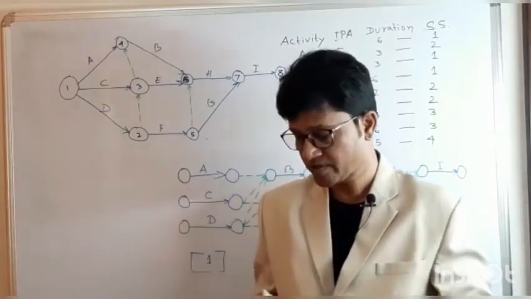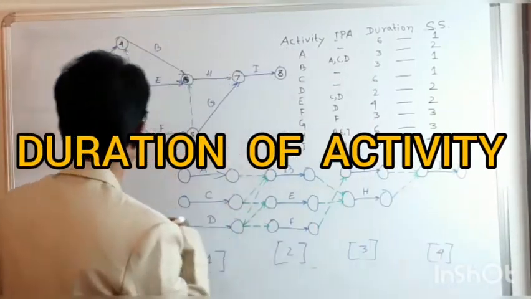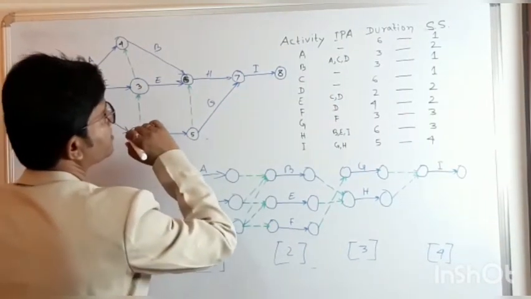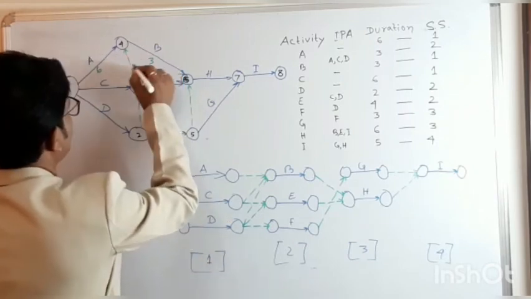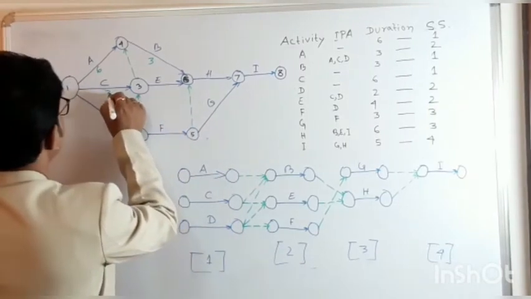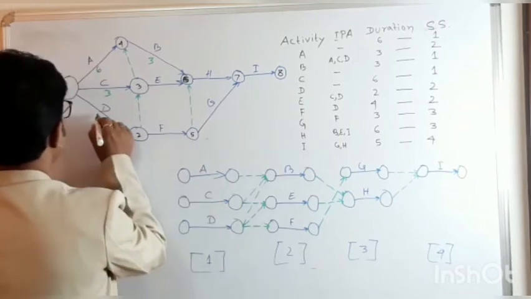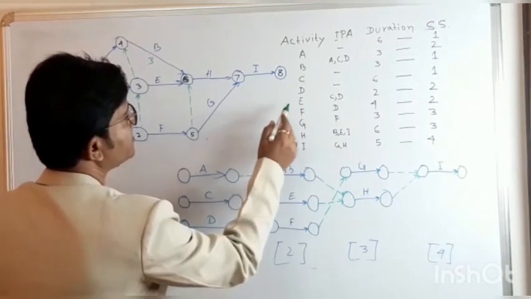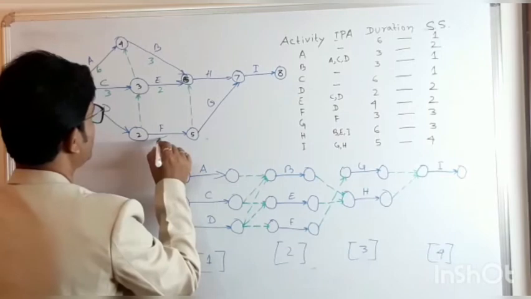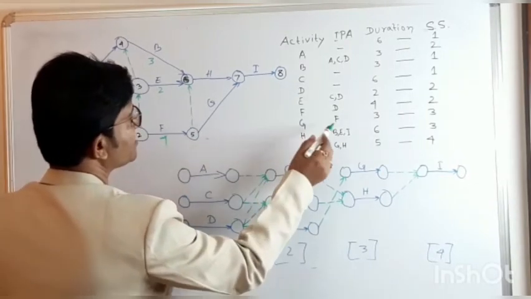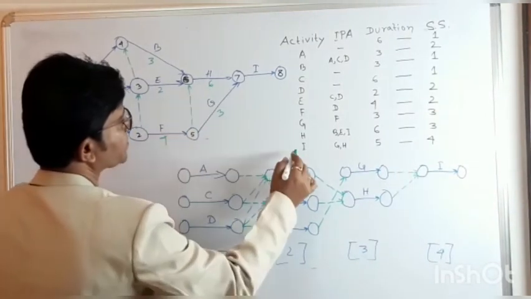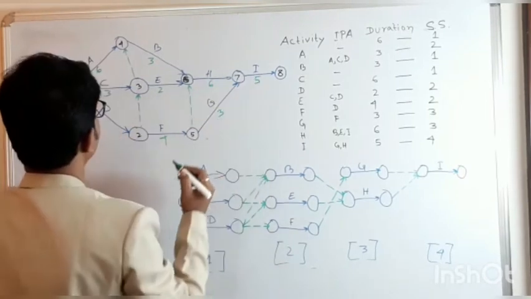Now let us write the durations. A has a duration of 6 units, B 3 units, C 3 units, D 6 units, E 2 units, F 4 units, G 3 units, H 6 units, and I 5 units.